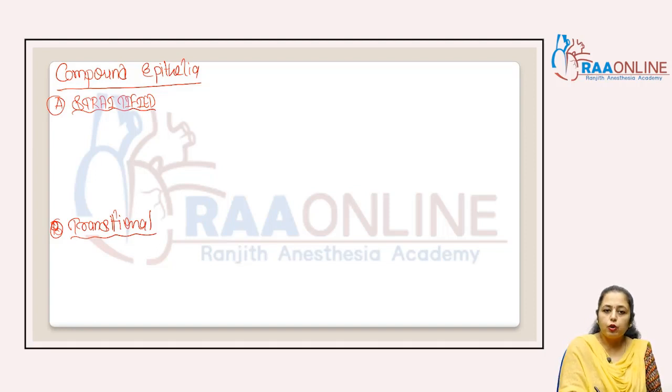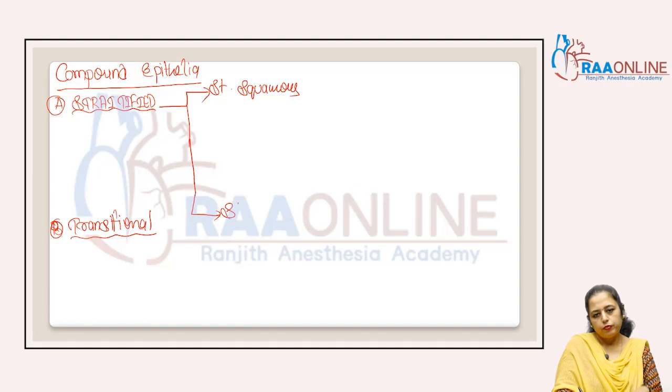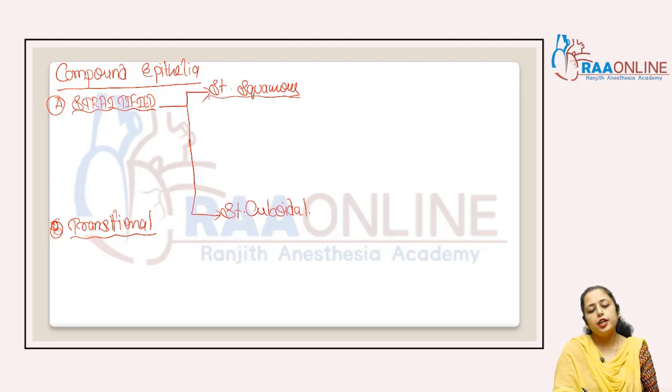The stratified is divided into two: stratified squamous and stratified cuboidal, right? Stratified squamous is further divided into two based on the presence and absence of the keratin protein, which is the hard protein of the body, right?